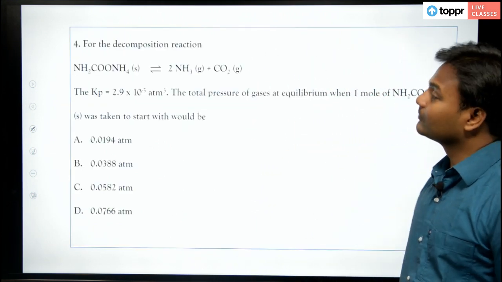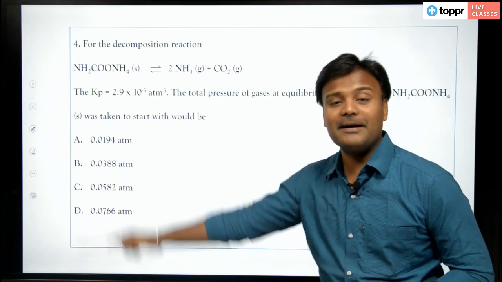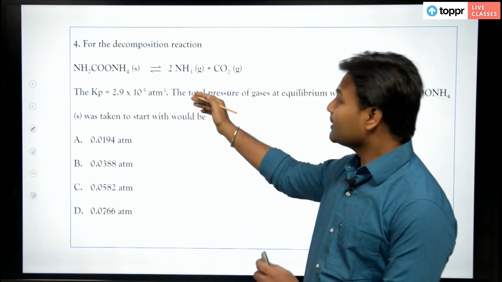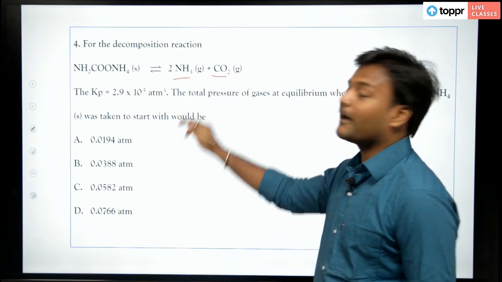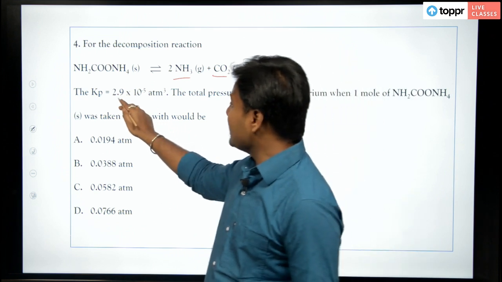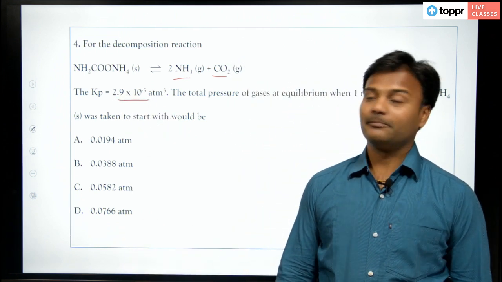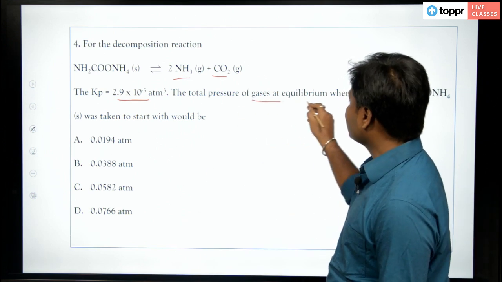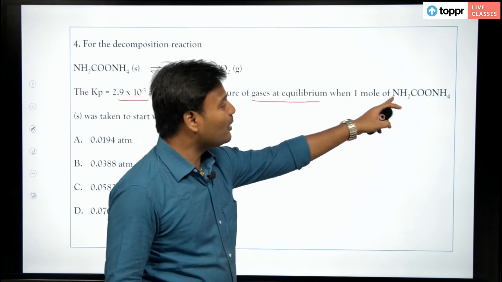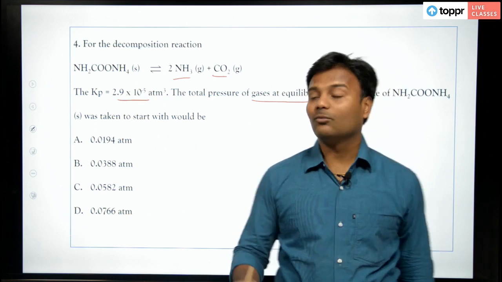Yeah, this is a beautiful question. For the decomposition reaction, ammonium acetate, you have been given. Ammonium acetate is decomposed to ammonia and carbon dioxide gas. So, the Kp value is given as 2.9 into 10 raised to minus 5 cubic atmosphere. The total pressure of gases at equilibrium when 1 mole of ammonium acetate was taken to start would be.